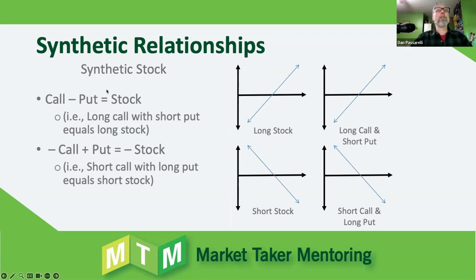So this is what we were just looking at right here. This is called synthetic stock. I buy a call and I short a put. Once I account for interest and dividends, I have a position that acts exactly like long stock.